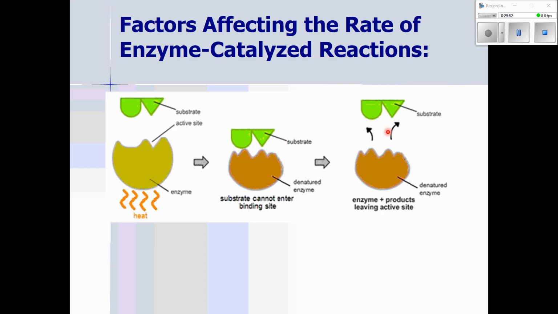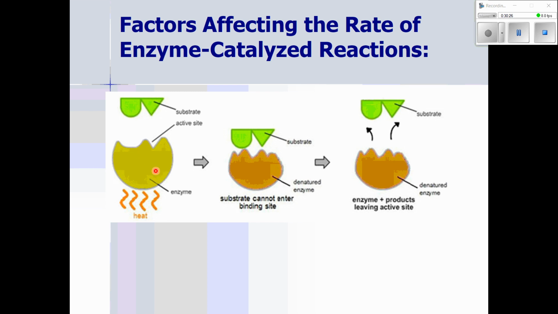The first one, and these are listed in no particular order, is simply the concentration of enzyme. In other words, if you have a large amount of substrate that you need to have broken down, let's say this is sucrose and there's a whole bunch of sucrose and you want to break it down quickly, the more enzymes you have, the faster that's going to happen.